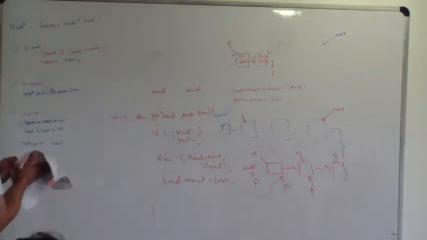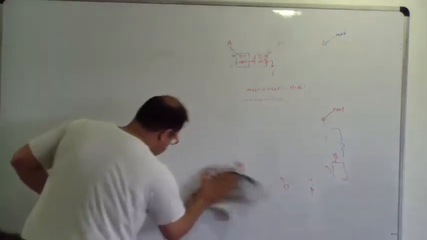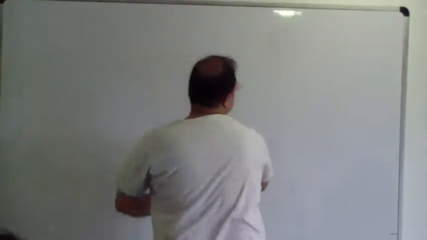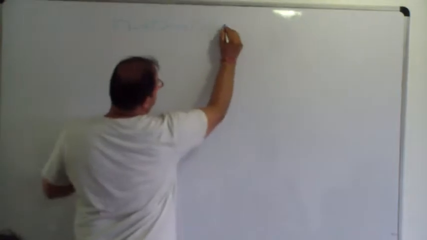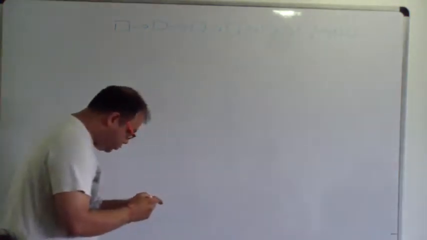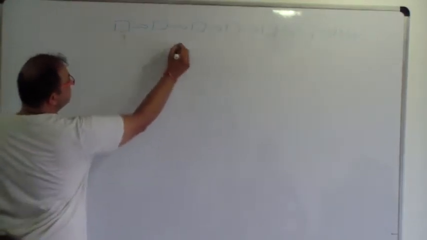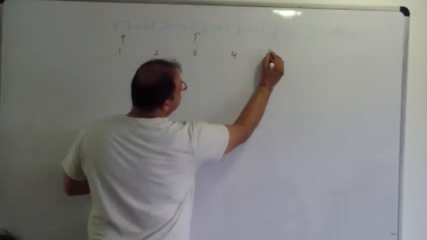Let's do a merge sort first, and then there is another question. The question is that there is a linked list with odd positions and even positions: 1, 2, 3, 4, 5, 6.